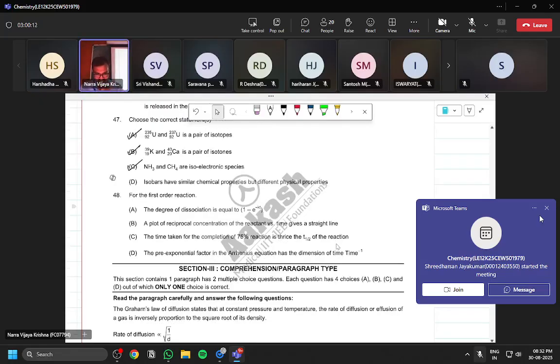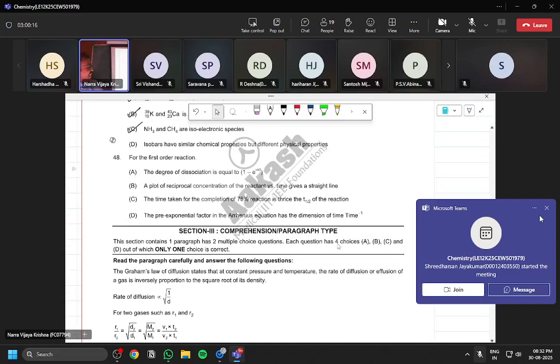For the first order reaction, chemical kinetics: in first order reactions, degree of dissociation is equal to 1 minus e power minus kt. Correct? See here. I am taking A gives rise to products. At time t equal to 0, initial concentration I am writing as A naught.